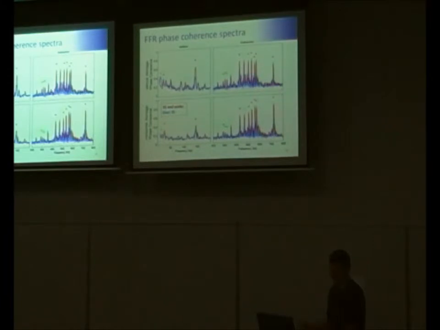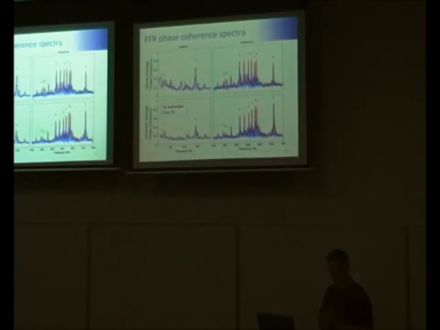So these are spectra. The frequency is plotted along the x-axis, and what I'm plotting on the y-axis is phase coherence. That's how well, at each frequency, across all the trials, the phase matches up.